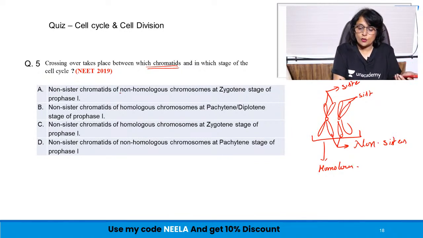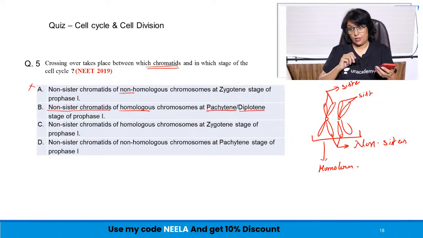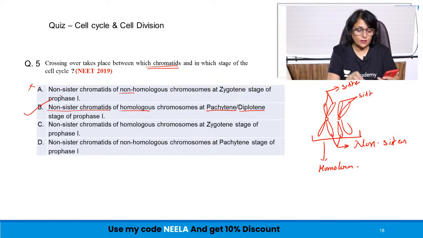Non-sister chromatids of non-homologous, not right. Non-sister chromatids of homologous, so far correct. In pachytene and diplotene. In pachytene, that cross-like thing becomes visible, but actual exchange or crossing over takes place in diplotene. So this is the correct answer. Okay, B for question 5, correct.